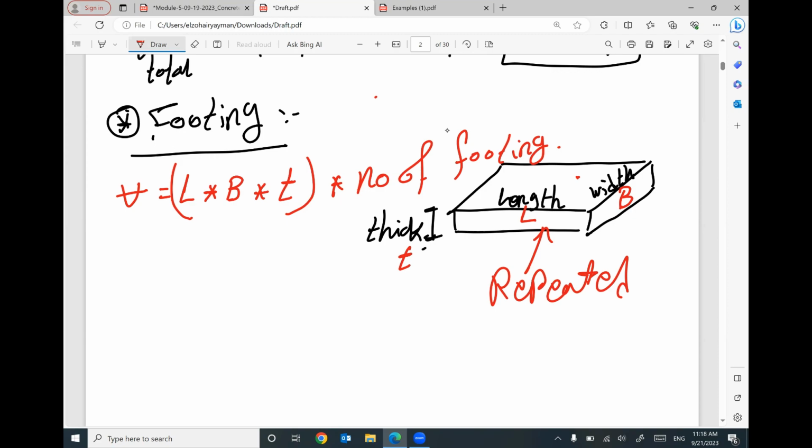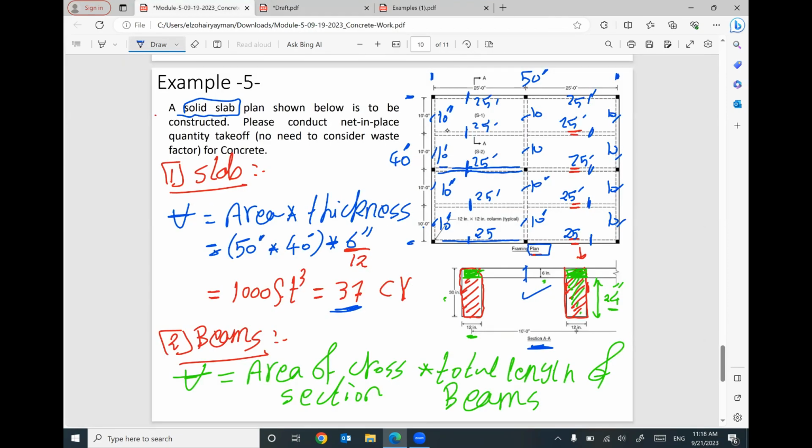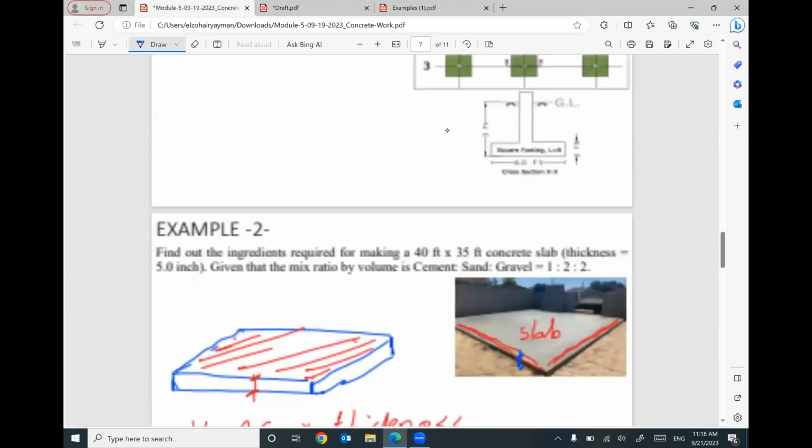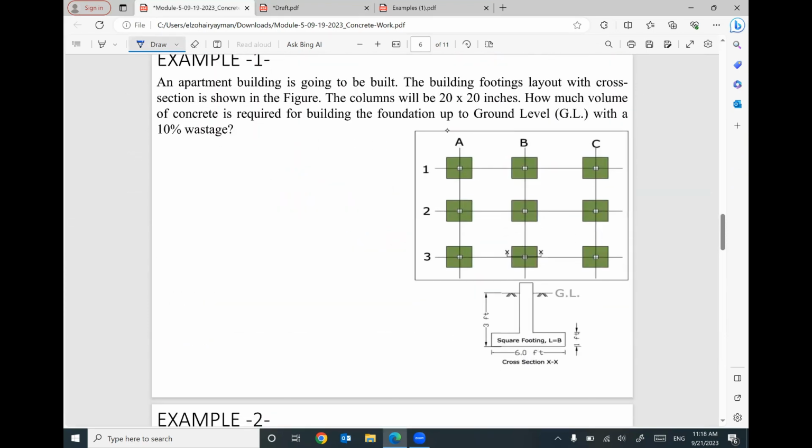Does that make sense? For example, this one. We are given 9 footing. 1, 2, 3, 4, 5, 6, 7, 8, 9. Each is a square footing with dimension 6 by 6 by 1 feet thickness.